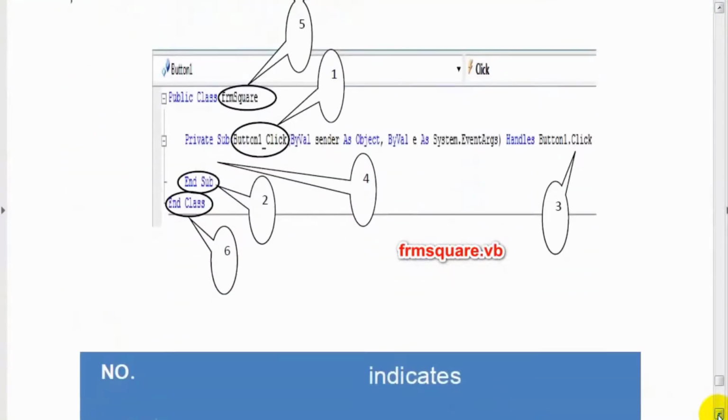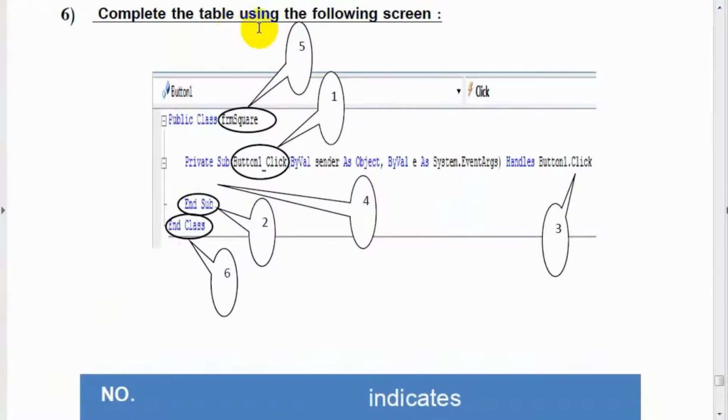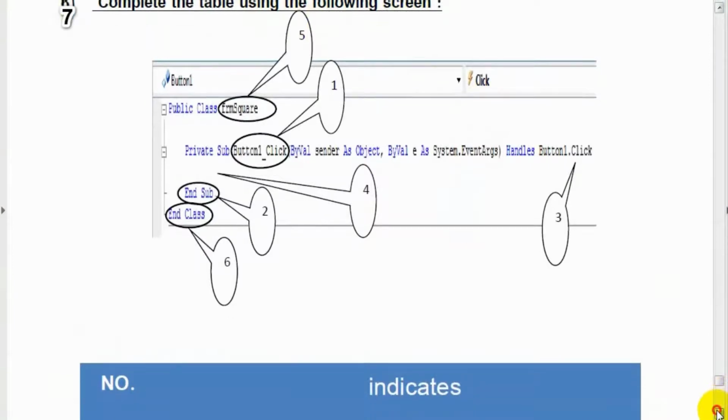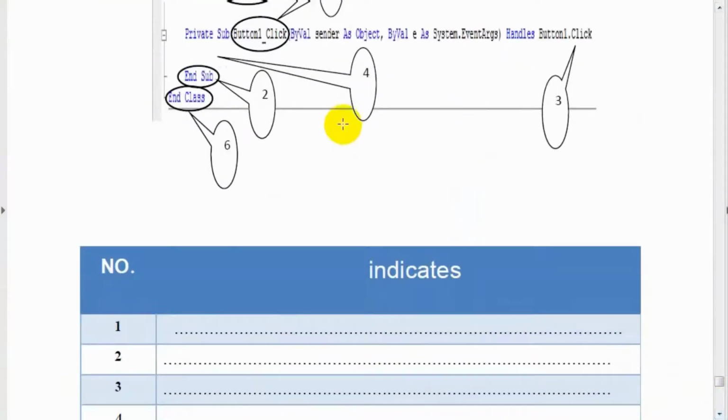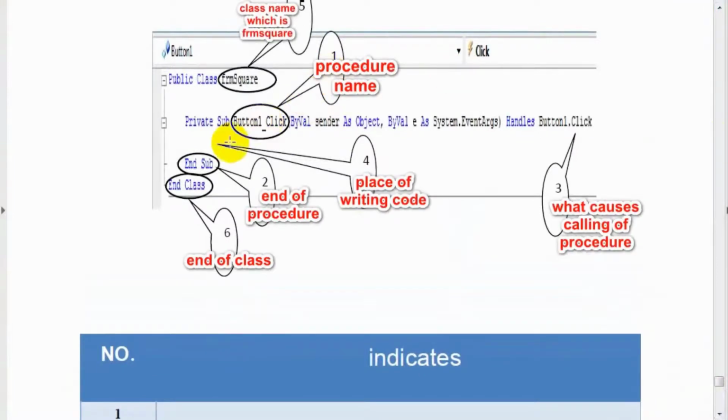Number 7. Complete the table using the following screen. Number 1 indicates the procedure name, which is button1_Click.